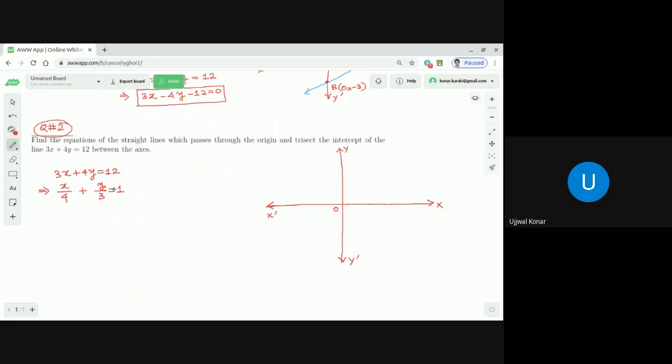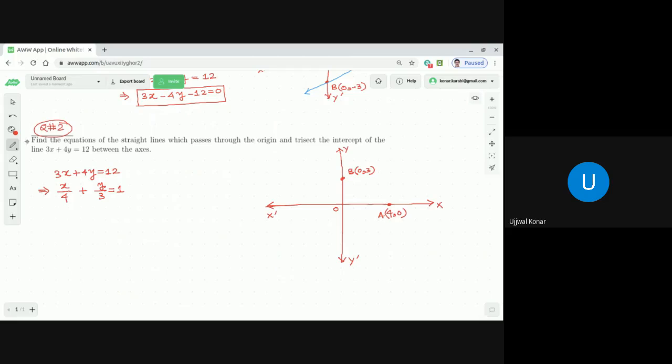This representation, x by 4 plus y by 3 is equal to 1, gives a visual representation in your mind: the x-intercept is 4, 0. Correct, dear students? That is point A, 4, 0. And the y-intercept is 0, 3. So this is the point B, 0, 3.